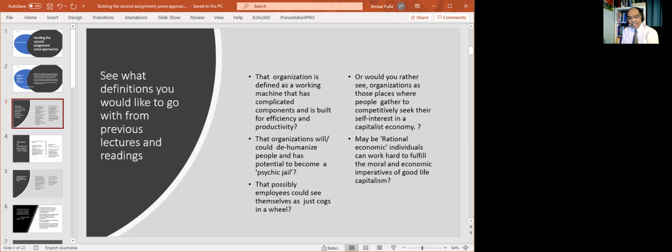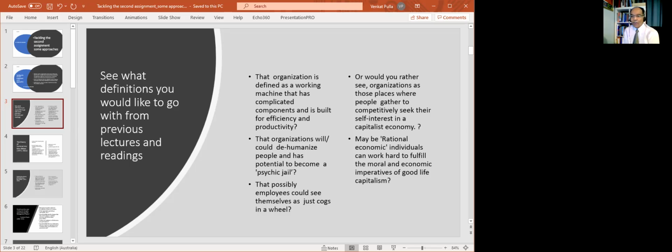Is this organization possibly employing many cogs in a wheel? Or would you rather see organization as those places where people gather to competitively seek their self-interest in a capitalist economy?